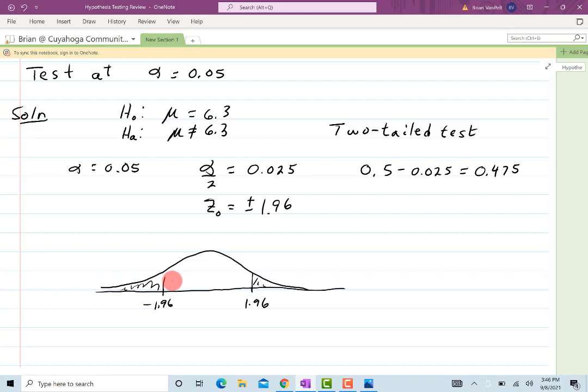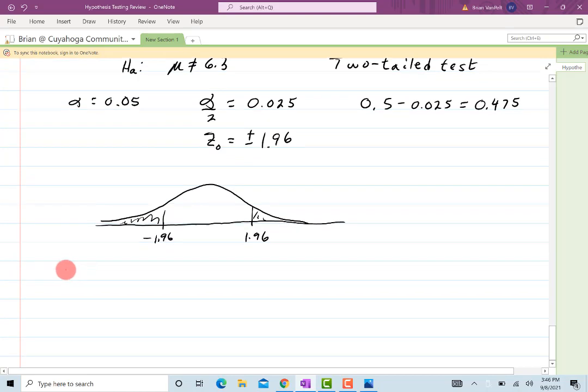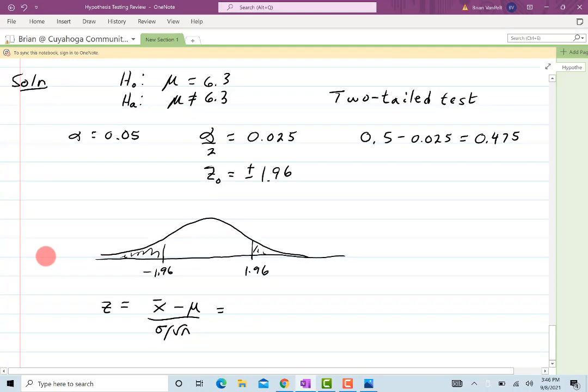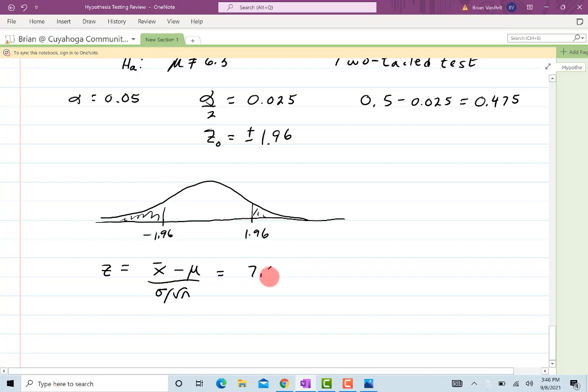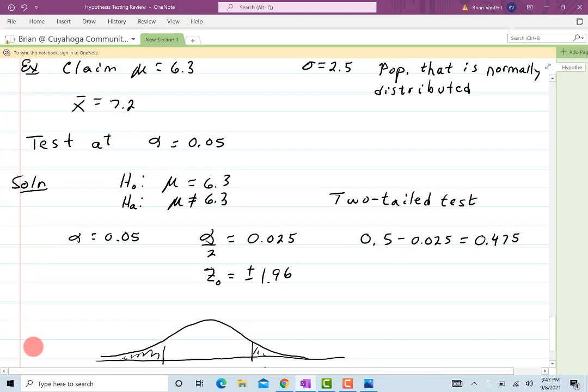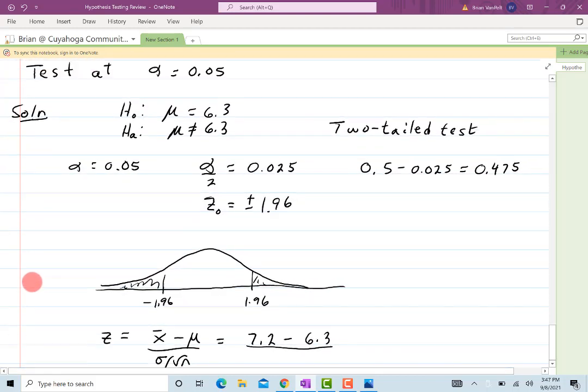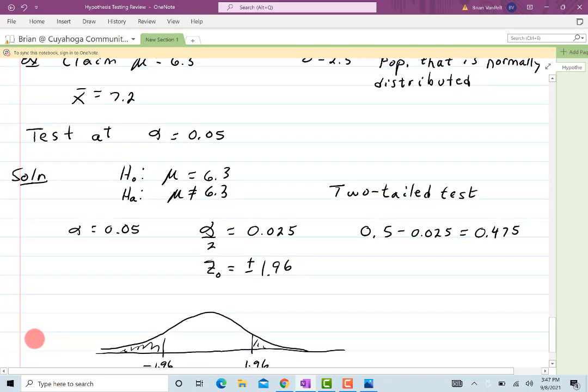Now let's do our test stat. X bar was given somewhere here, 7.2. The mu that we got as a test is 6.3. Sigma is 2.5, and our N, I have yet to give you.